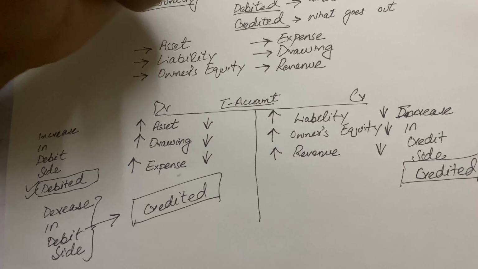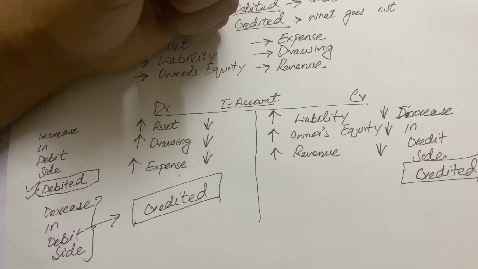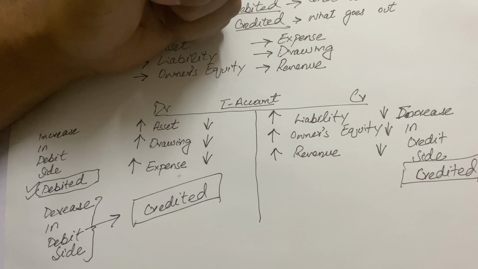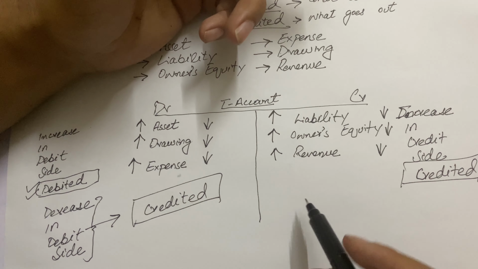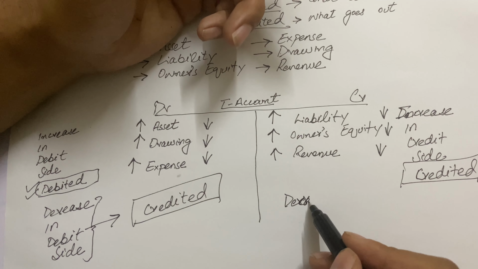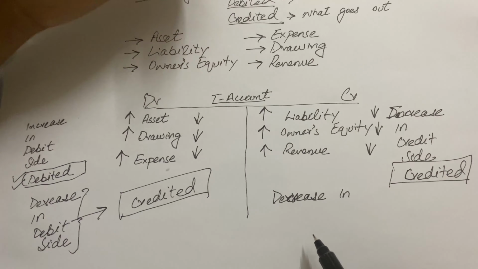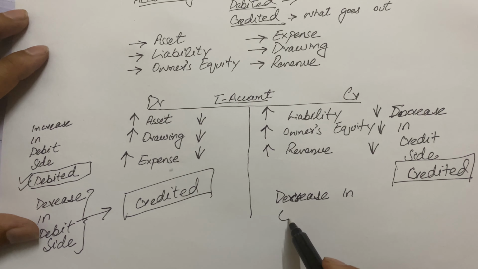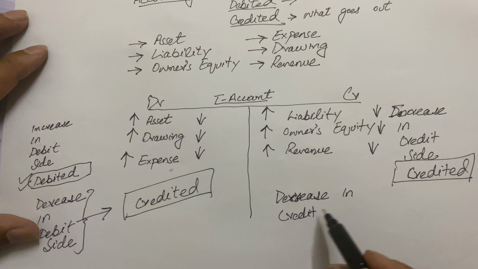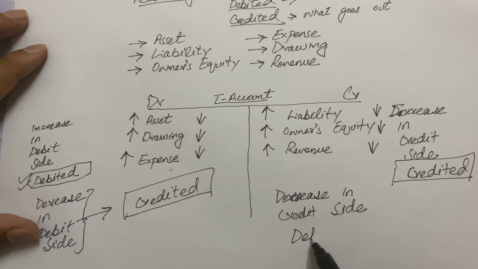On the other hand, whenever there is a decrease in the credit side, decrease in liability, owner's equity, or revenue, it will always be debited.